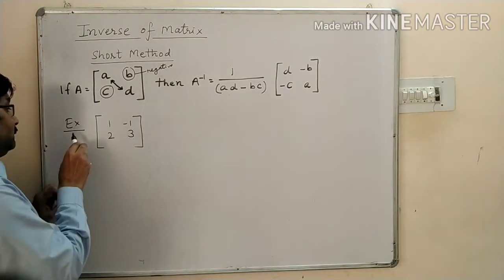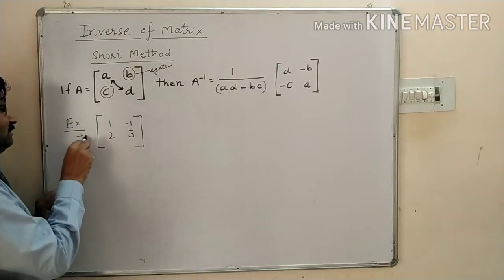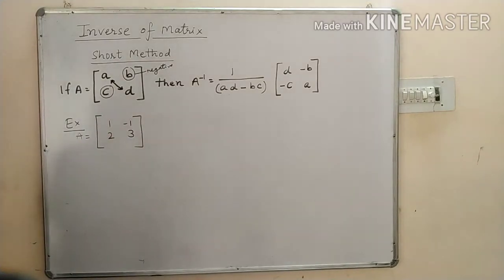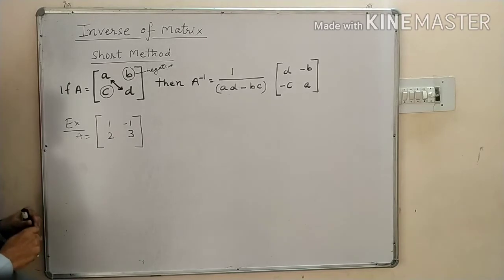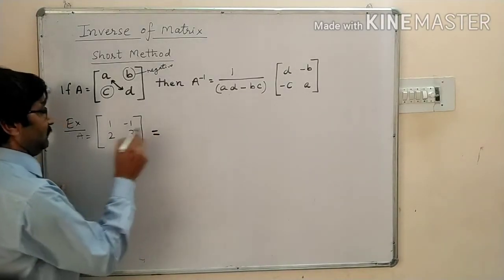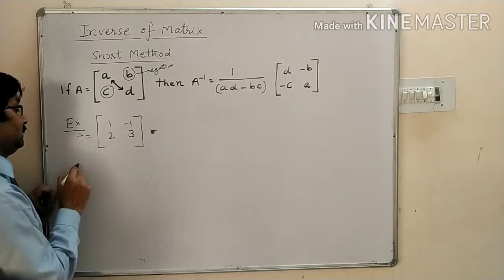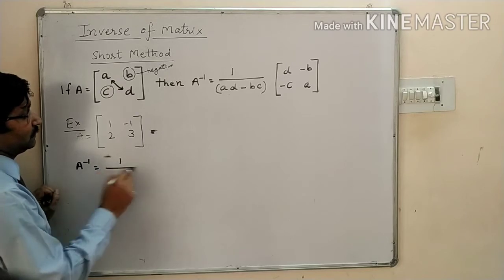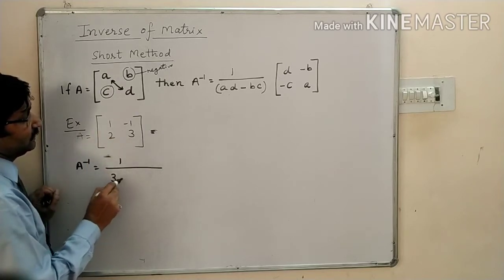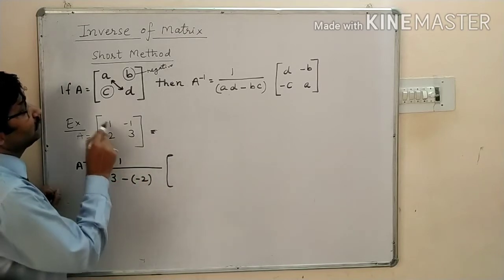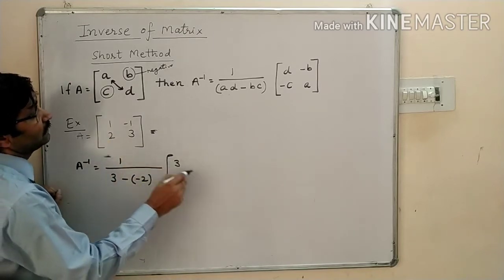Here, take an example. The example is the matrix with first row 1, minus 1 and second row 2, 3, and you have to find the inverse of this matrix. How can we find the inverse of this? Look here. A inverse will be equal to 1 upon the cross multiply, 3 minus minus 2, and these elements you have to interchange, so 3 and 1.